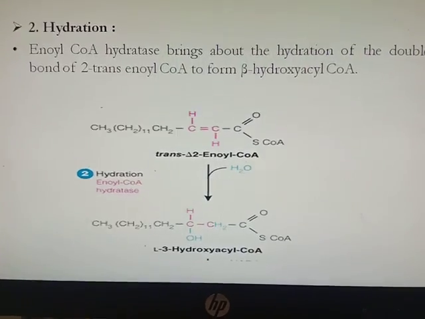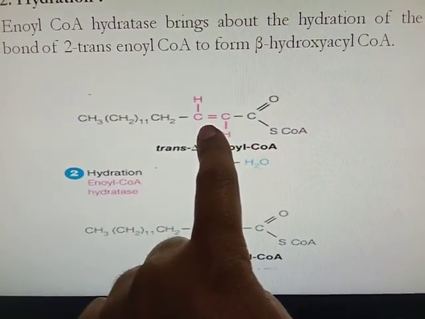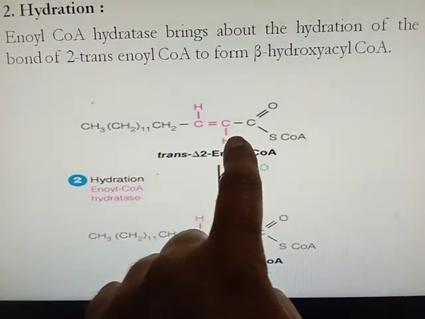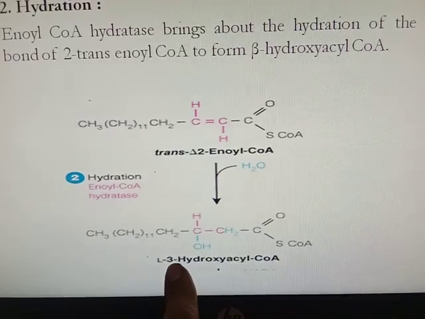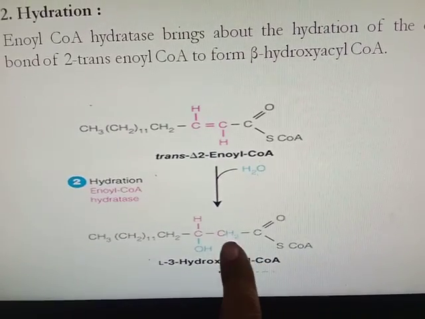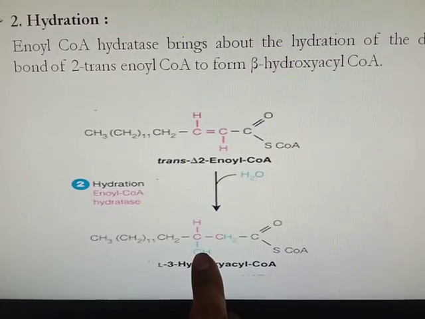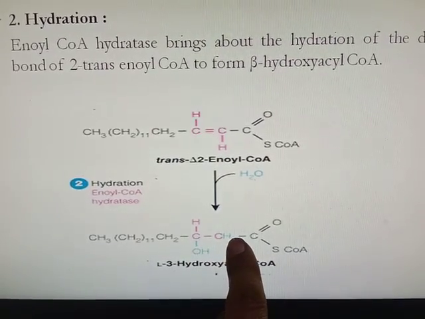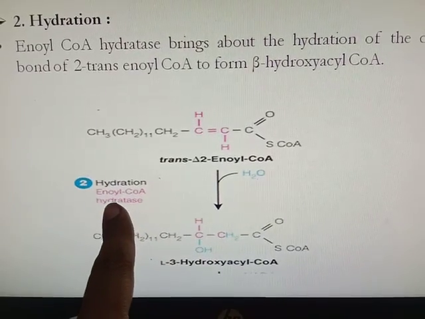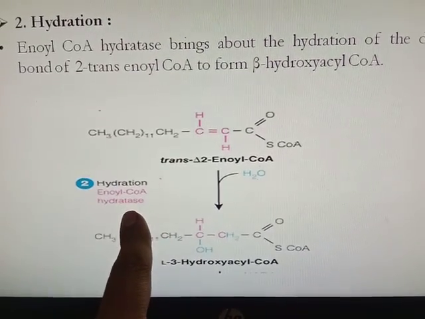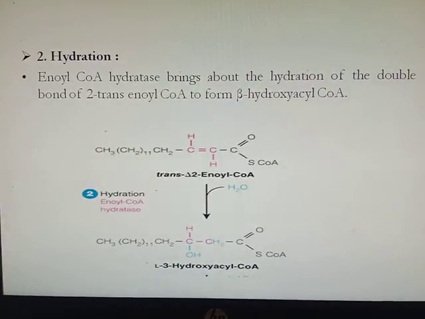In trans 2-enoyl coenzyme A, where the double bond is formed, hydrogen is added to one carbon and OH group to the other, to form beta hydroxy acyl coenzyme A at the second and third carbon. This reaction is catalyzed by enoyl coenzyme A hydratase, in which a water molecule is added at the double bond.